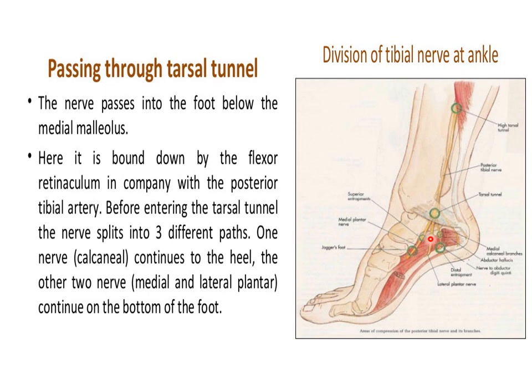One nerve, the medial calcaneal branch, goes up to the heel. The other two nerves are the medial plantar nerve and the lateral plantar nerve. They continue to the bottom of the foot.